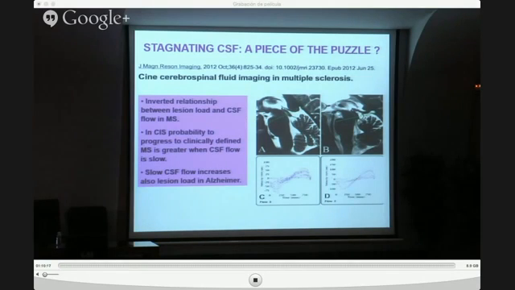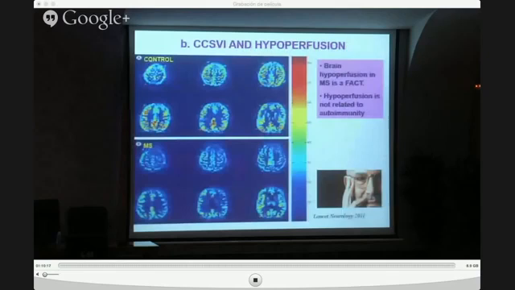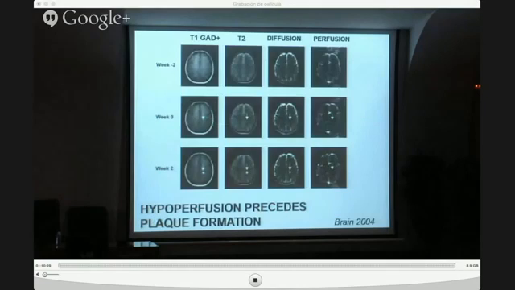The second point, the second G, is hypoperfusion. Brain hypoperfusion in multiple sclerosis is a fact. But hypoperfusion is certainly not related to autoimmunity; rather, the answer to hypoperfusion in pathogenesis is very important.